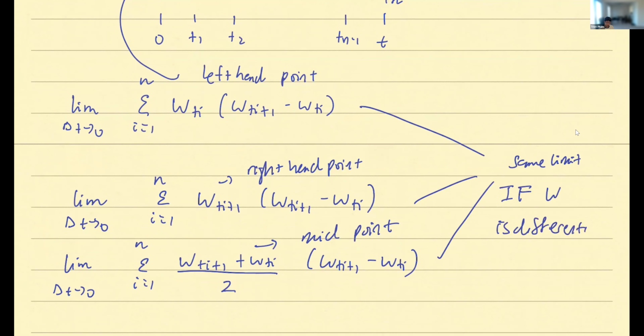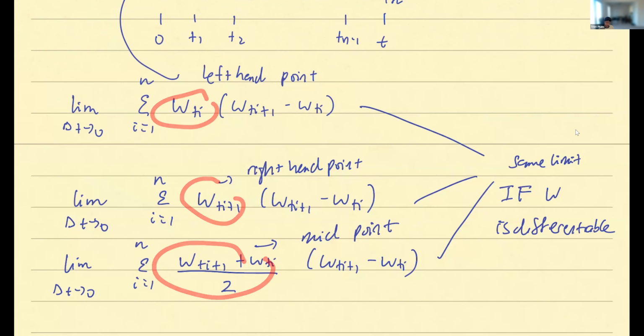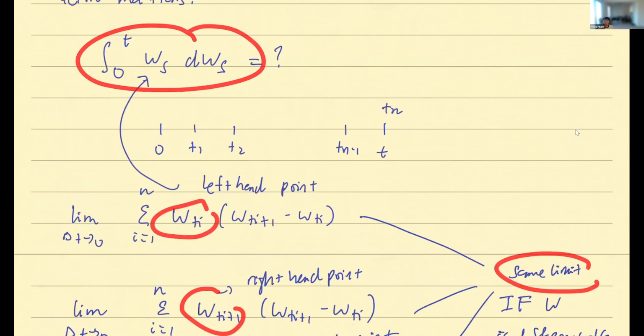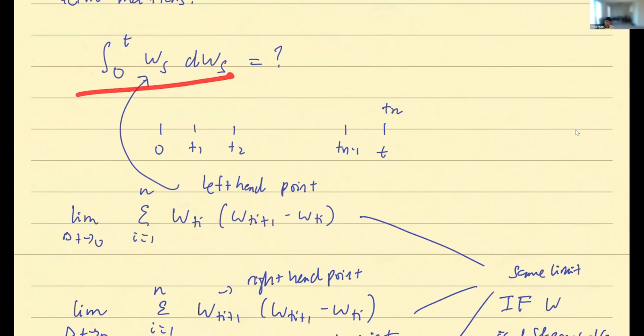So in the Riemann integral context, it doesn't matter what choice you make for the integrand, they will go to the same limit. So we have one single integral that we mean by this integral.